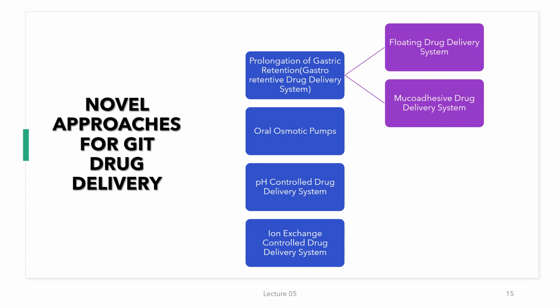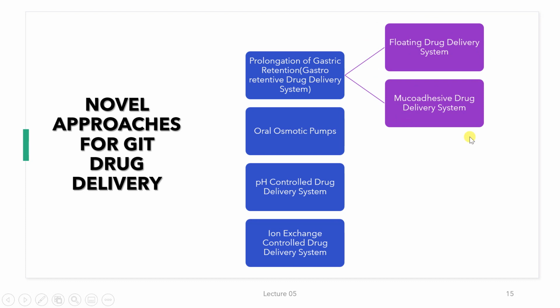The first approach is prolongation of gastric retention, also known as gastric retention of drug delivery systems. This is further subdivided into two types, floating drug delivery systems and mucoadhesive drug delivery systems.